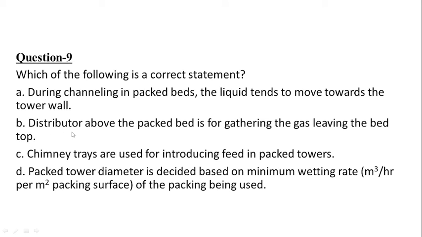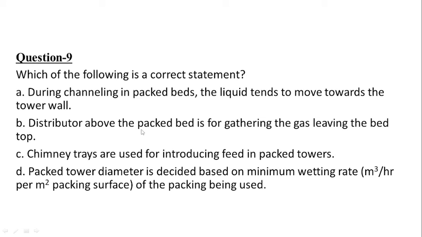It's a wrong option because distributor above the packed bed is used for achieving uniform distribution of liquid. Option C, chimney trays are used for introducing feed in packed towers. Chimney trays are used for drawing side stream in packed towers as well as in tray towers. This about chimney tray we have discussed in week 4 assignment questions.